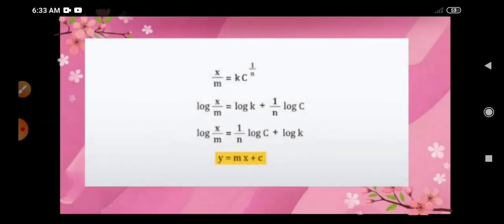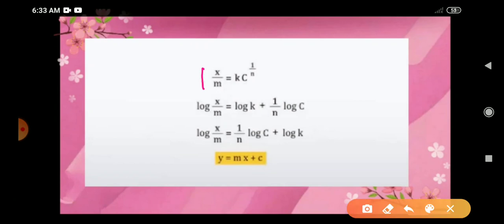When we take log on both sides of this equation, we get log x by m equals log k plus 1 by n log c. Applying the formula of logarithm, we get the formula like this. Now compare this with the straight line equation, y equals mx plus c.